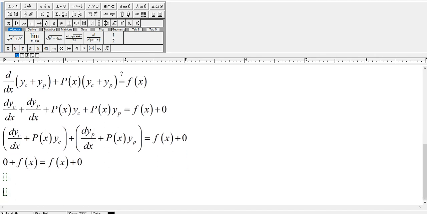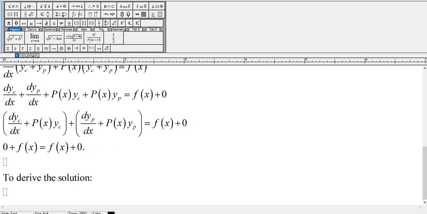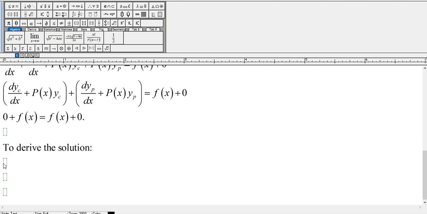Okay, now that we're convinced that we have a valid solution, let's go ahead and see if we can derive what we would do with this. So to derive the solution, we're going to make a formula that we can use, and it's not going to be as bad as it looks, but just follow me here.